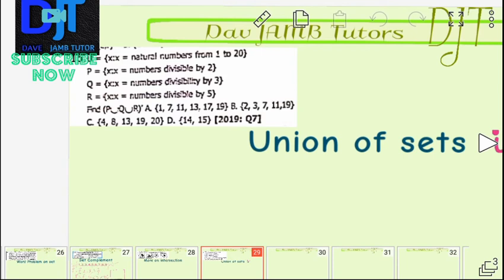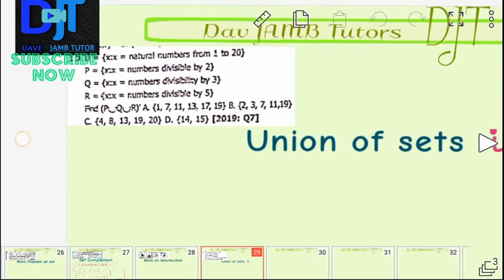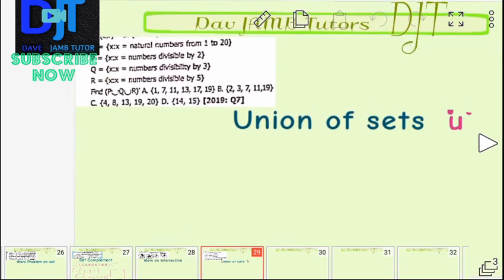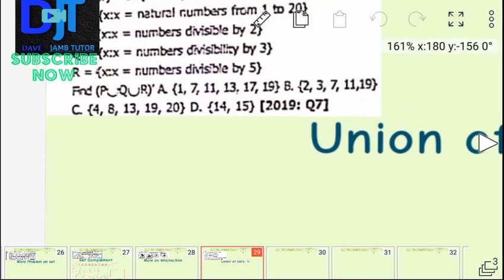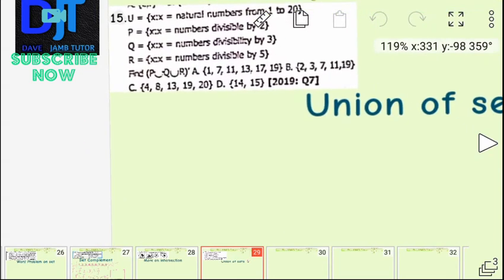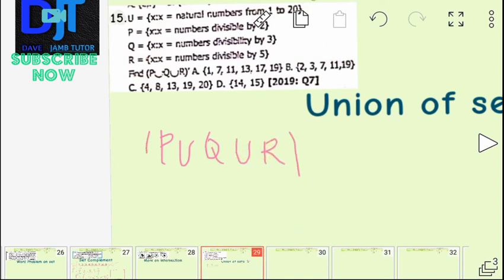R equals x are numbers divisible by 5. Now it says find p union q union r complements. Using our knowledge of complements, we should find p union q union r complements.